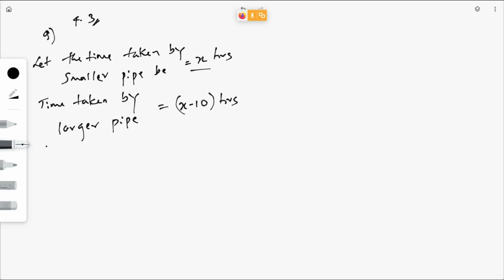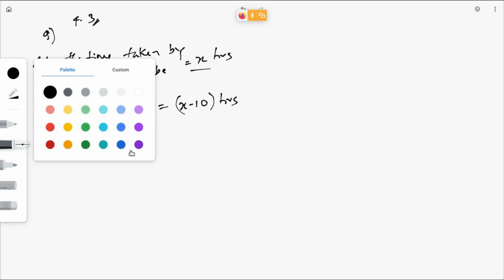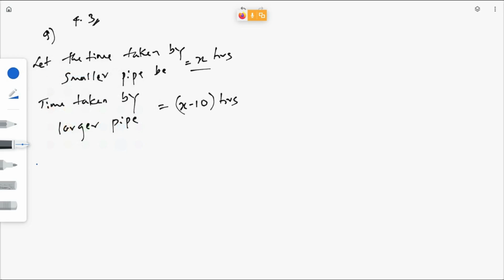Okay, next one is important. The next two sentences. Part of the tank filled by the smaller pipe in 1 hour.